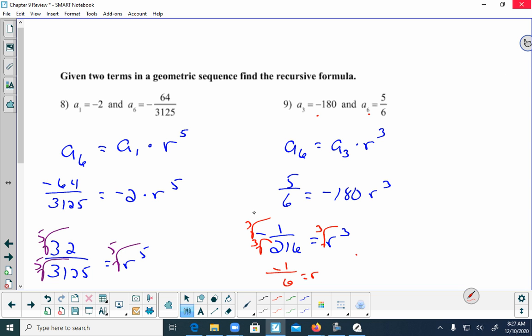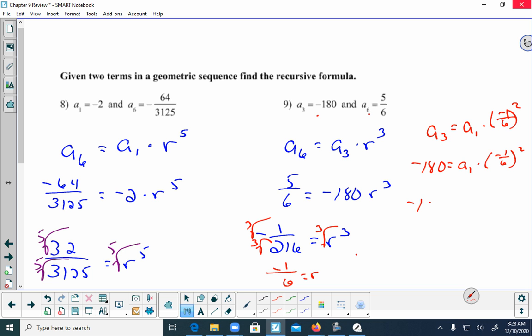So I'm going to say to get to the third term, I'm going to take my first term times my rate, which is negative 1/6. It's a 1 there. And I'm going to raise it to the second power. So my third term is negative 180. It's going to equal that first term times negative 1/6 squared.